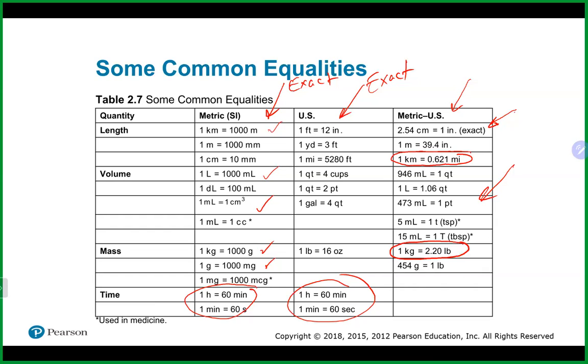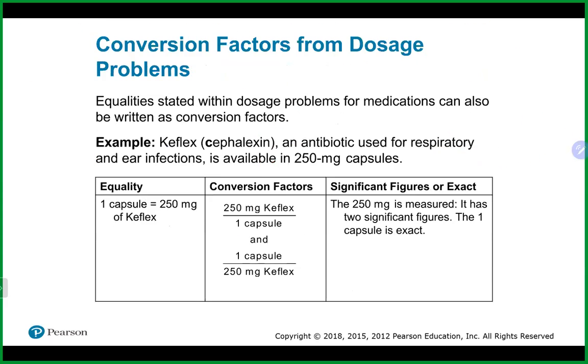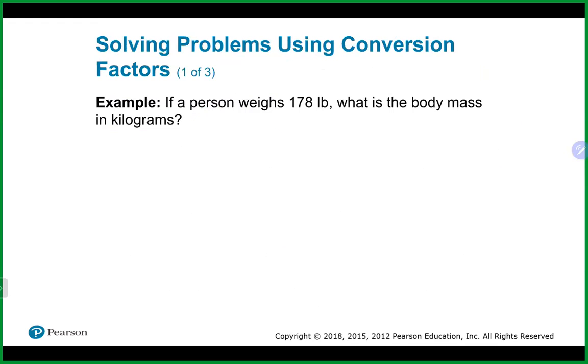So 1 kilogram is 2.20 pounds. I'll write that there where we're at. 1 kilogram is 2.20 pounds. All right, take a moment there, do the conversion, set it up using dimensional analysis to show.